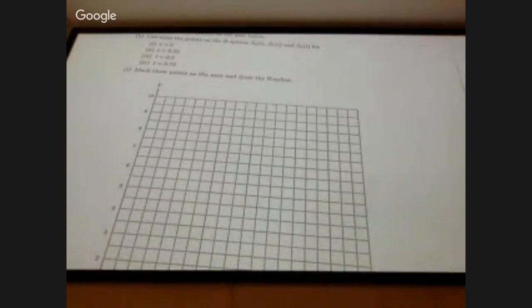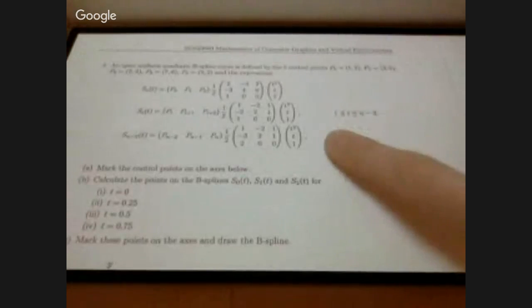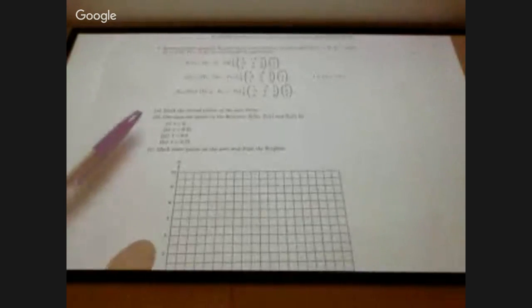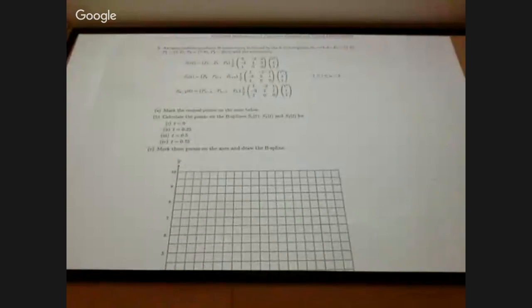Remember I said that depending on where you are will depend on which one you use. So I've also copied out the matrix equation here. You might need extra paper for this one.